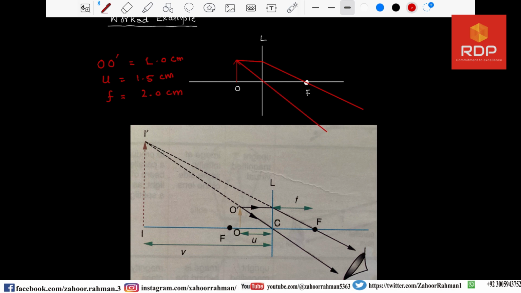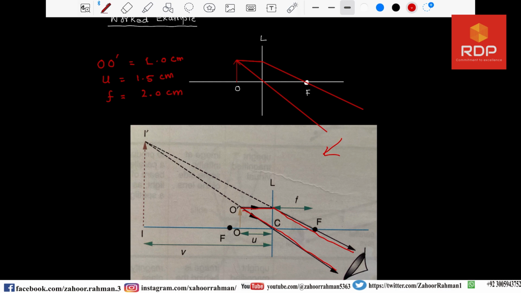So as you can see, these lines will never meet, so it will not form a real image. Let us discuss that here in this figure.